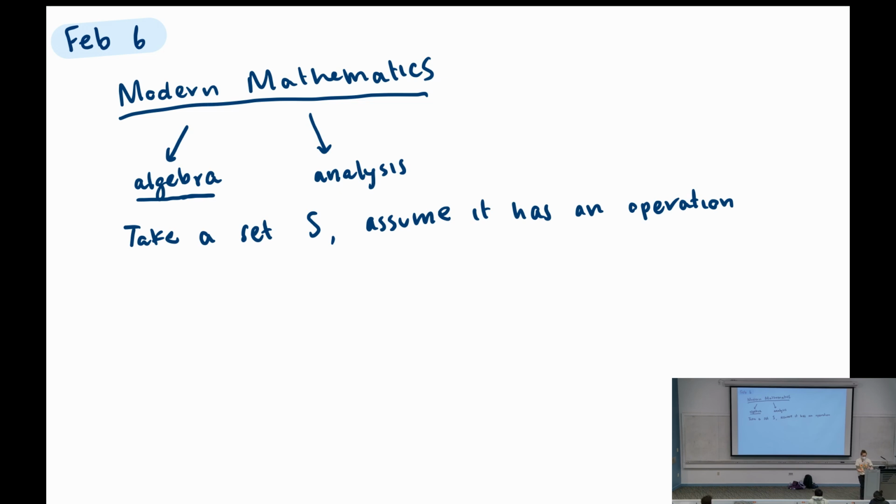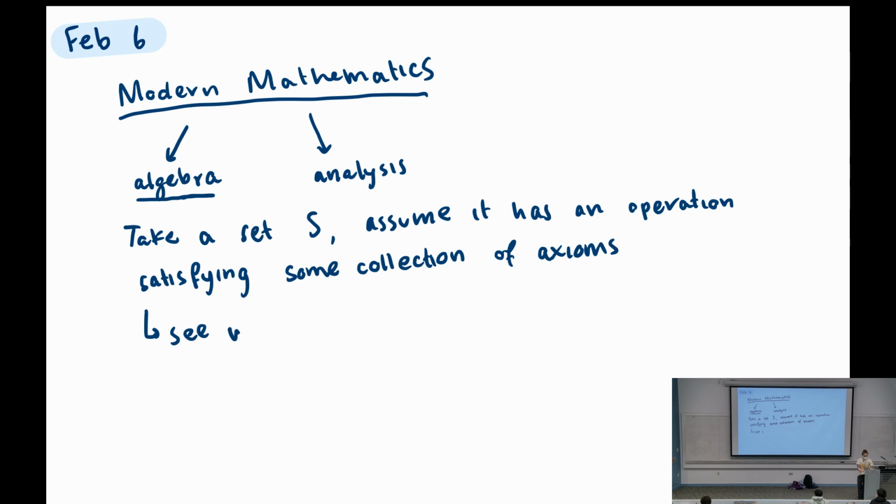So assume it has an operation satisfying your favorite collection of axioms. And then see what you can learn about these sets from their operations. And then just see what happens.